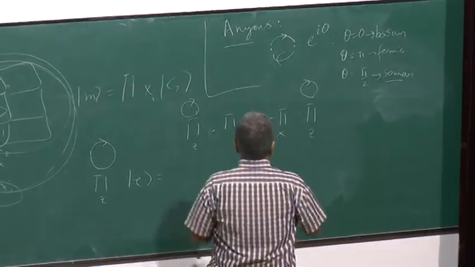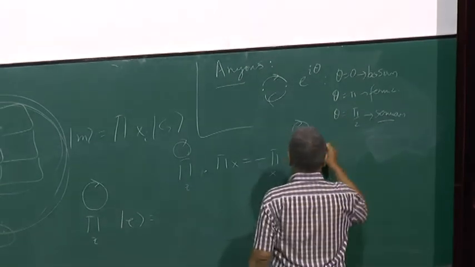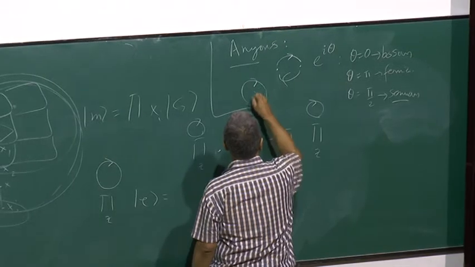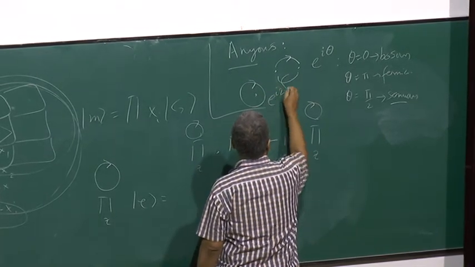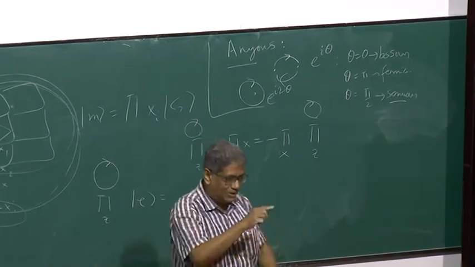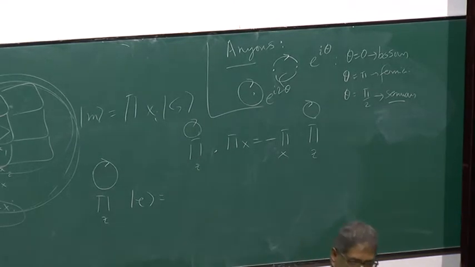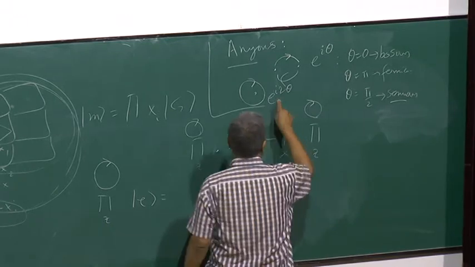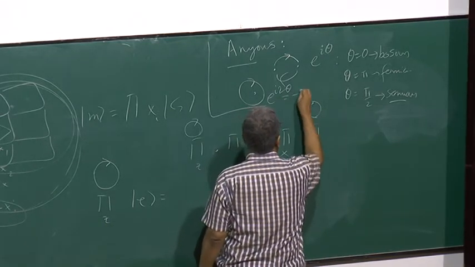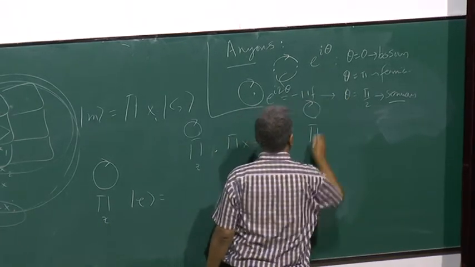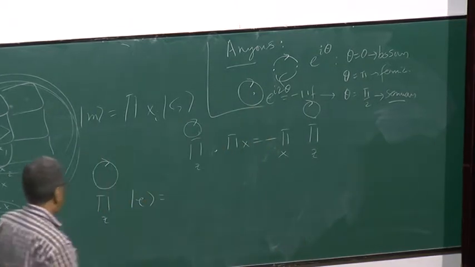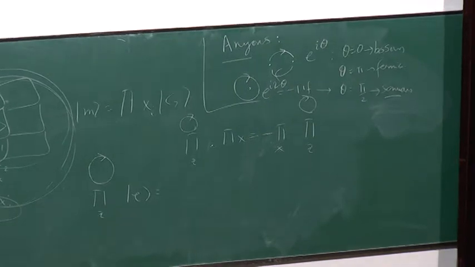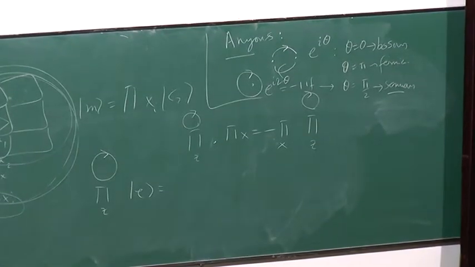Okay, now if you do a closed loop, if you take one of these particles and you take the other one all around it in a closed loop, you pick up e to the i 2 theta, because going around in a closed loop is like exchanging twice. So if theta is pi by 2, you will pick up a phase of -1. That is why when you take one particle around another in a closed loop and you pick up -1, you call that semion statistics.